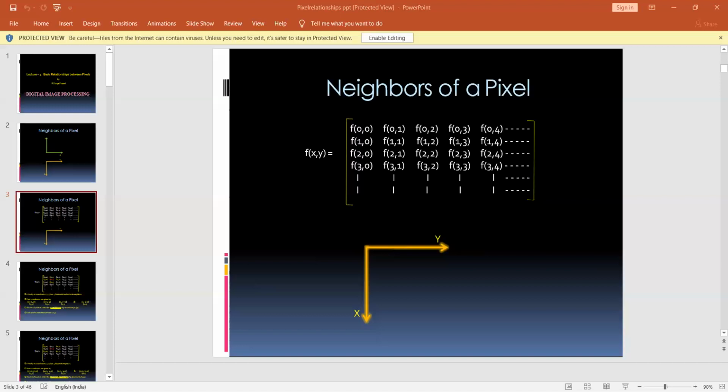It may increment or it may decrement. So the total neighboring pixels are said to be N8 of P. For any reference pixel there exist 8 neighboring pixels: 4 with respect to row and column and 4 with respect to the diagonal. So simply we can frame this as N8 of P.